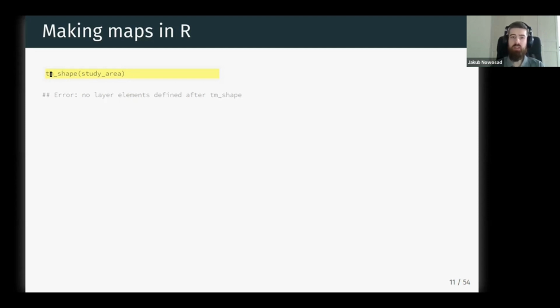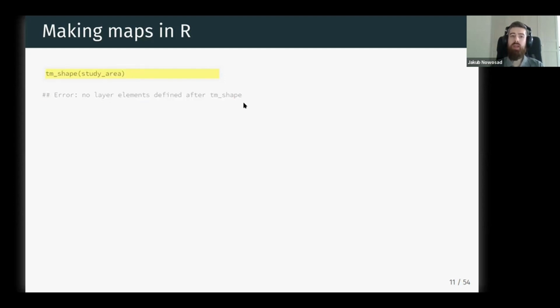So for example, we want to create a map of our study area. However, tm_shape doesn't work alone. So if you just type tm_shape(study_area), you'll get an error.